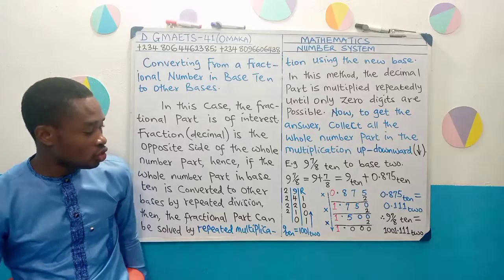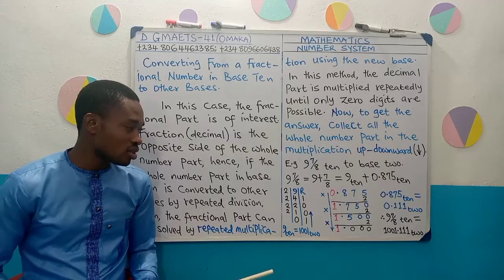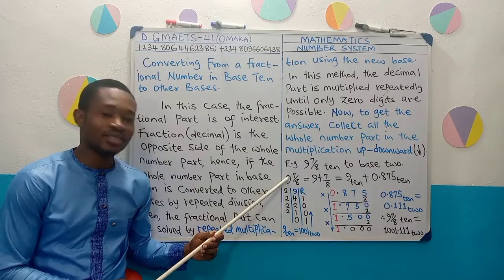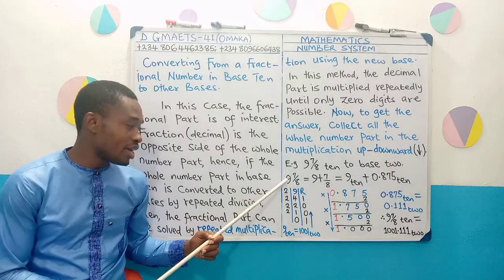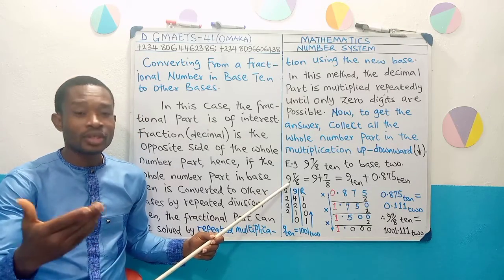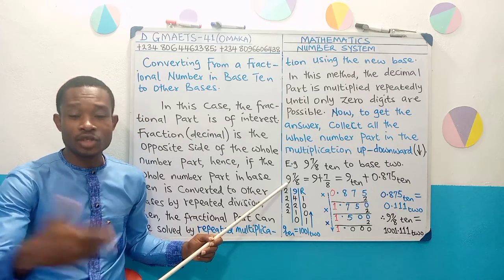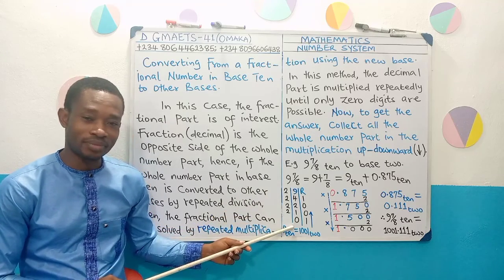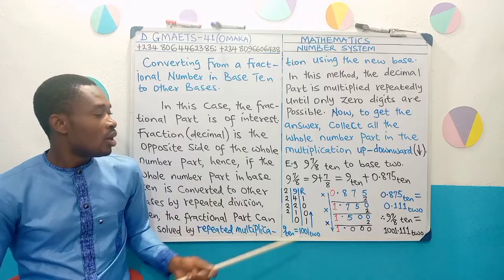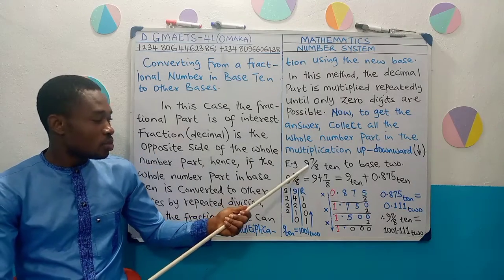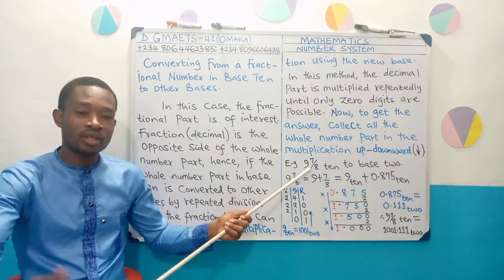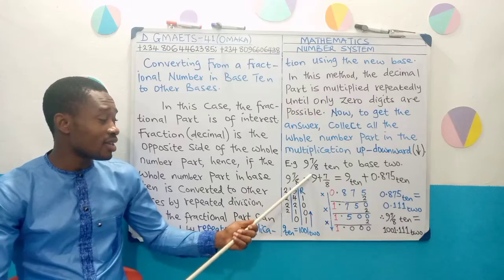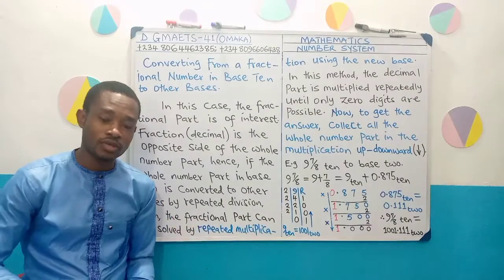So you see, my interest here is not in this 9, because I want to believe that at this point you can handle converting 9 base 10 to base 2 easily. I've also worked it out here. Now, this is what we do. Splitting this whole number part from the fractional part, we are going to have 9 plus 7/8. Please take note.